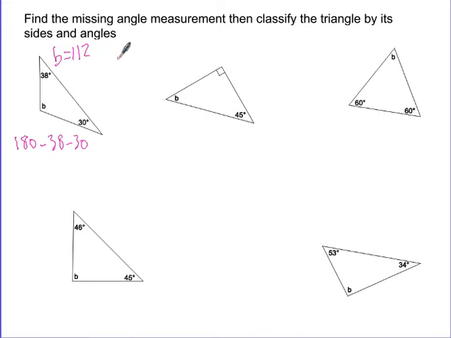So what kind of triangle do we have? Scalene obtuse. Now I can't spell scalene. I seem to have broken myself here. Scalene obtuse.